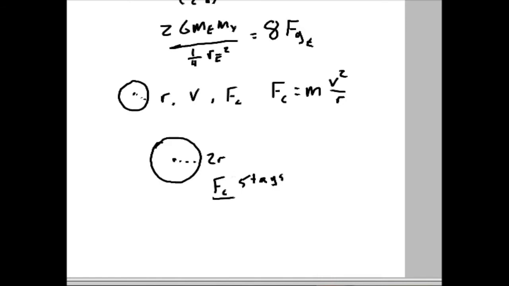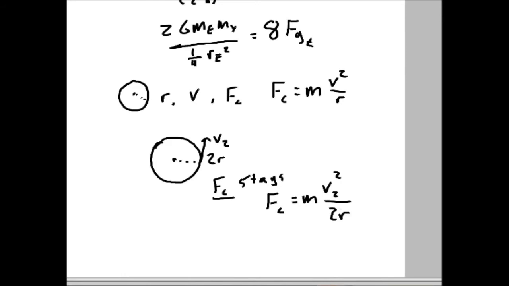Well, down here at this new position, I'm going to have some new velocity, I'll call it v2. F_c stays the same, but now I'm at this new velocity v2 squared all over, well, now it's 2r.